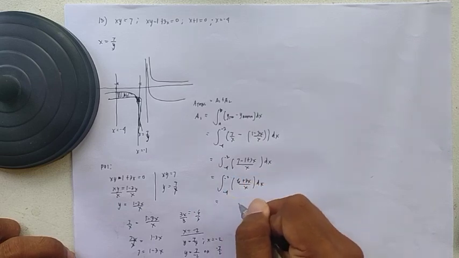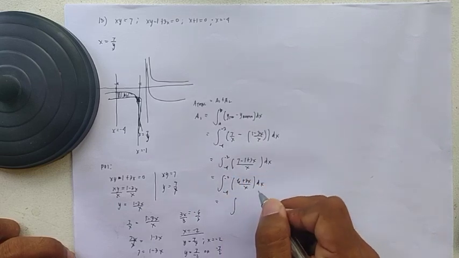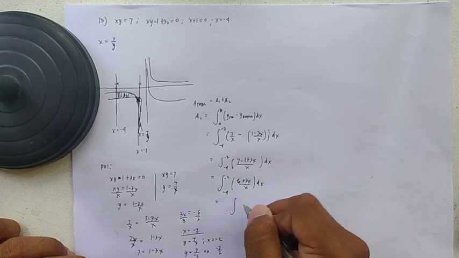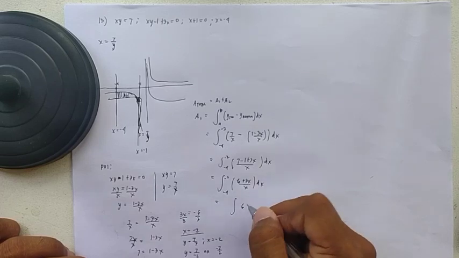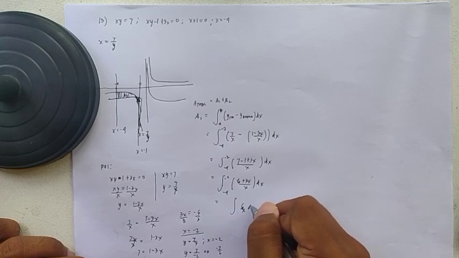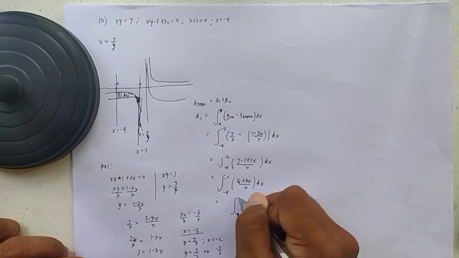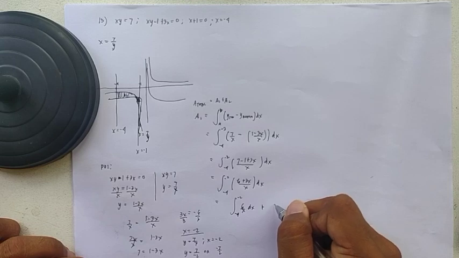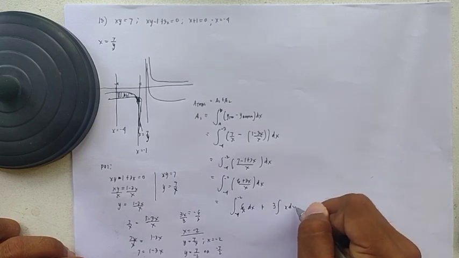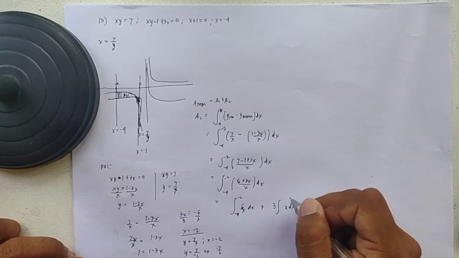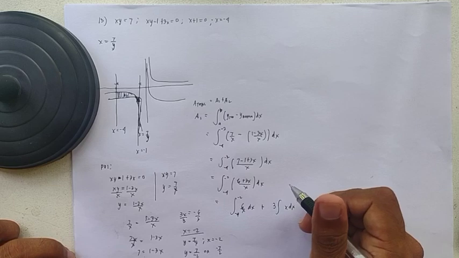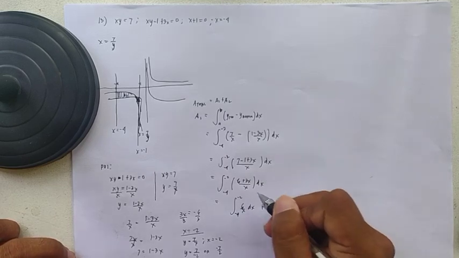So magiging the integral of, hatiin po natin siya, magiging the integral of 6 over x dx from negative 4 to negative 2 plus 3 times the integral of x over x dx, makakancel out yung x.